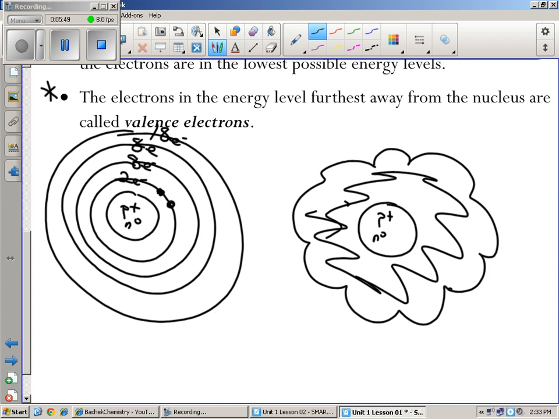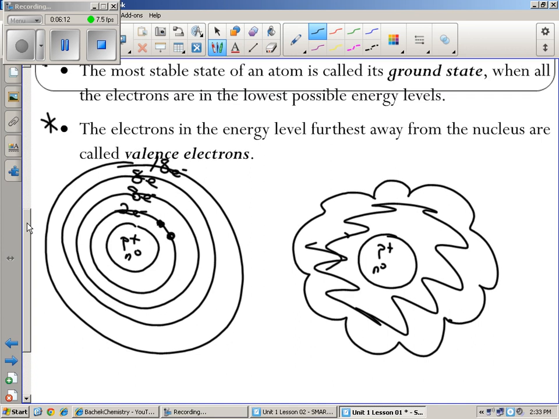What are you going to do, draw that for all of them? This is easier for us. So that's why we use Bohr diagrams to help us. But that's kind of more accurate. Sometimes they're closer, sometimes they're farther away. They're not exactly on a ring, so you can't say they're right here all the time. All right, so that's the quantum mechanical model.